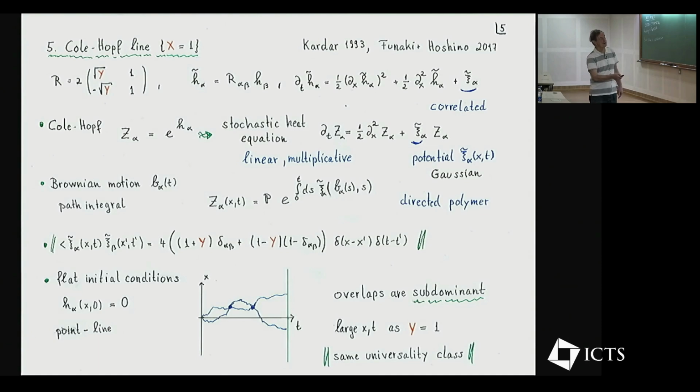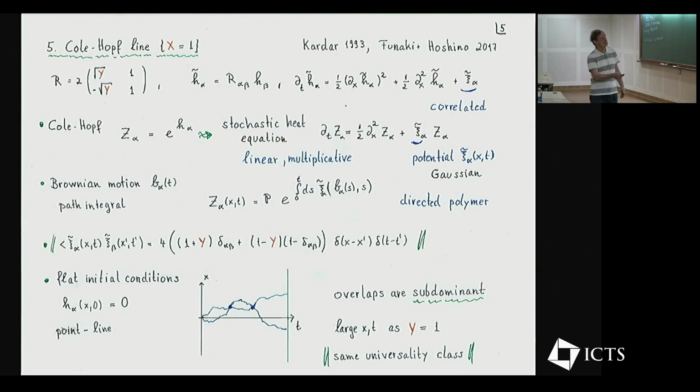Okay, and this is a model of what people call directed polymers. It's called directed polymers because these objects are moving directed in time, but otherwise it's really a polymer sitting in a random medium, right? Space-time is of dimension 2. But now I have to tell you what the noise is.